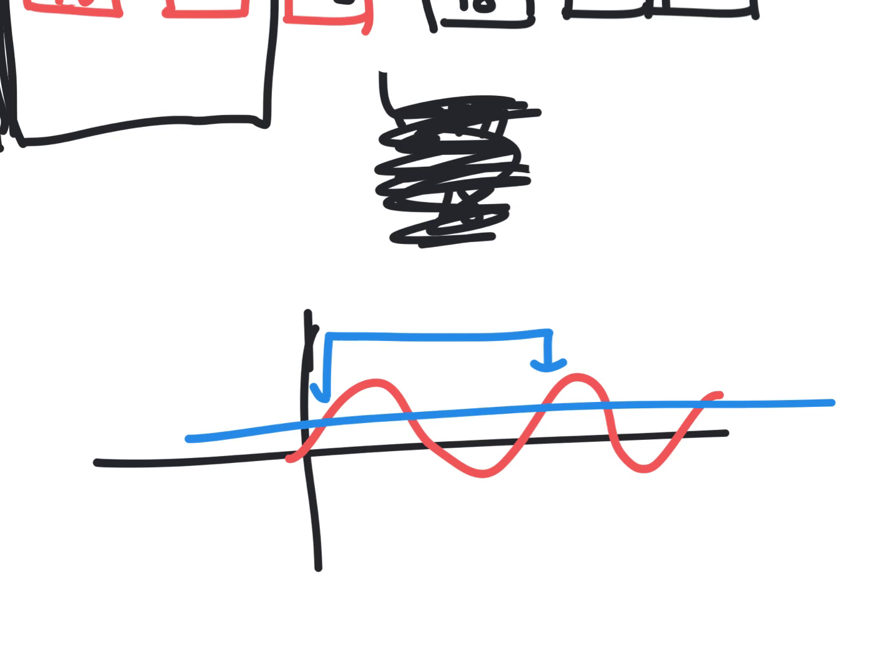Because you want to do it as many times as you want. So you can add 2 pi once, or you can add 2 sets of 2 pi, or 3 sets of 2 pi, or 4 sets of 2 pi, or k sets of 2 pi. So 2 pi k. K is how many times you want to add 2 pi. All right.